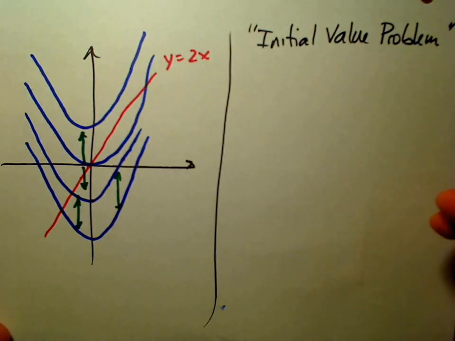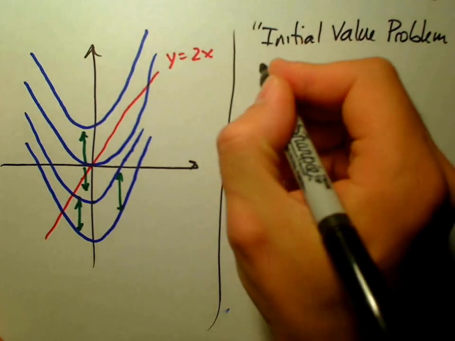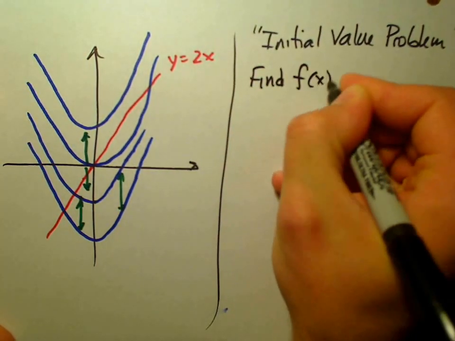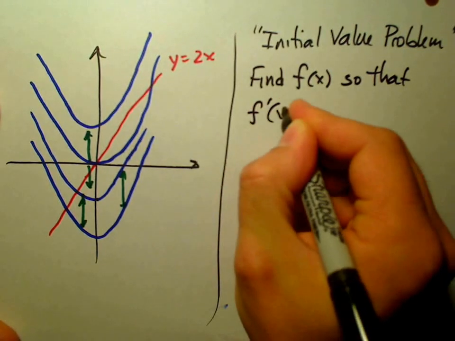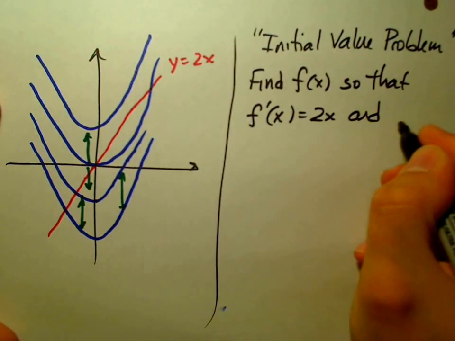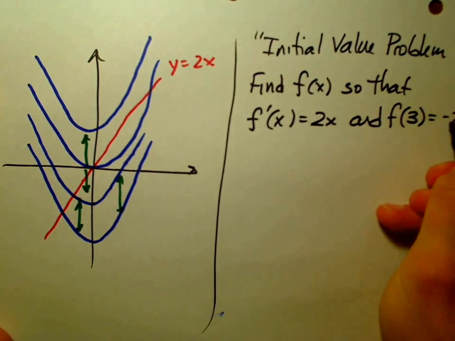You know the starting point. It doesn't have to be the time at 0. So, for example, find a function f of x so that f prime of x is 2x and f of 3 is negative 2.